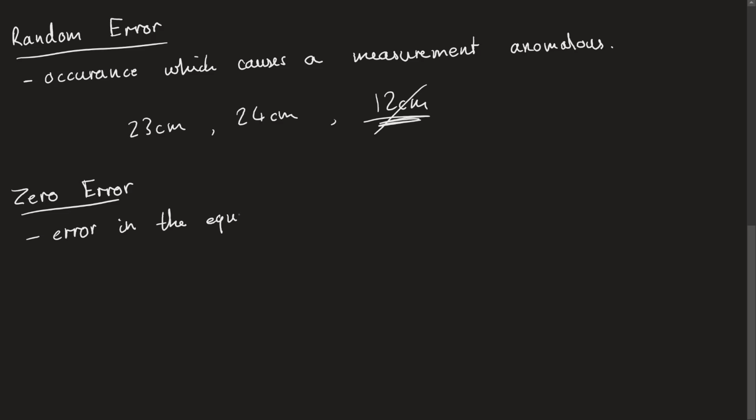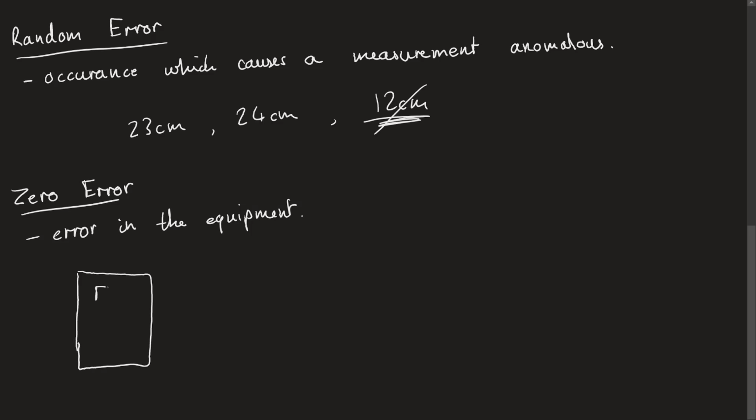Okay, so with things like rulers and that kind of stuff, you're not going to get zero error because your zero has been painted or drawn onto whatever this is. But if you think about scales, for example, if you've ever looked at a pair of digital scales, there'll always be a reset button.